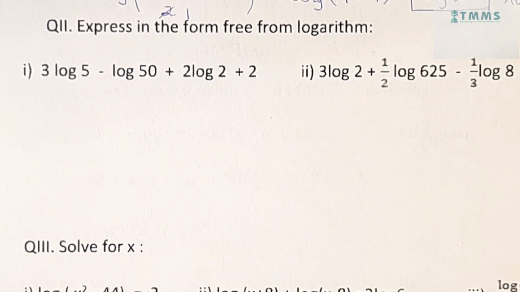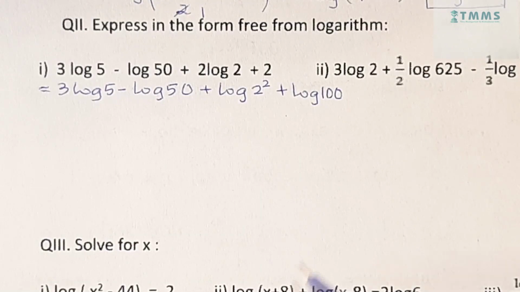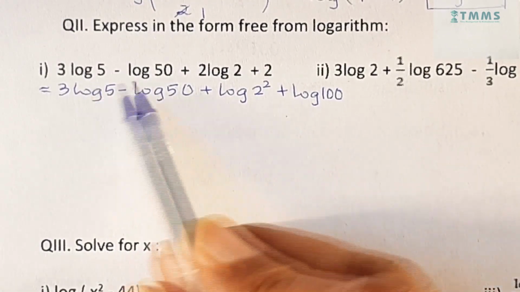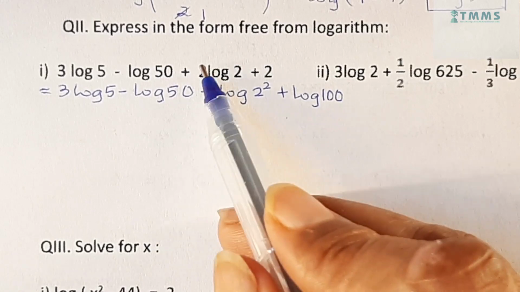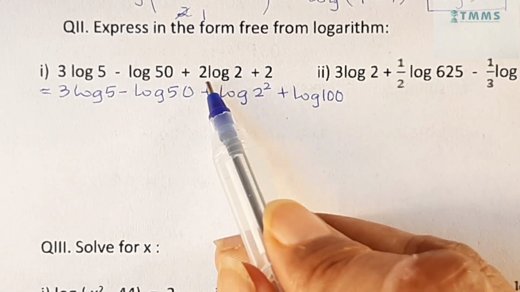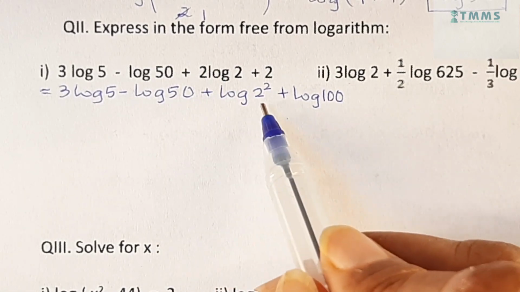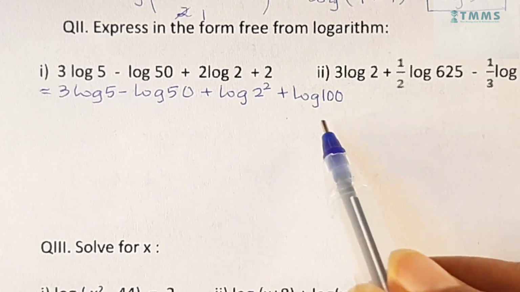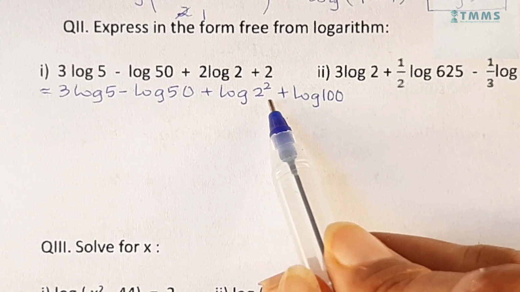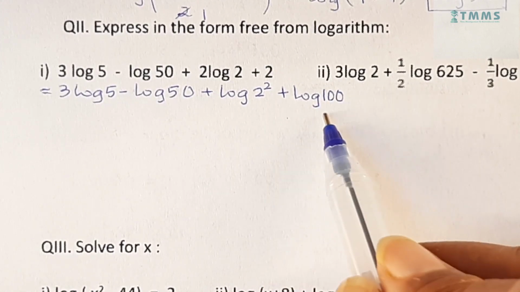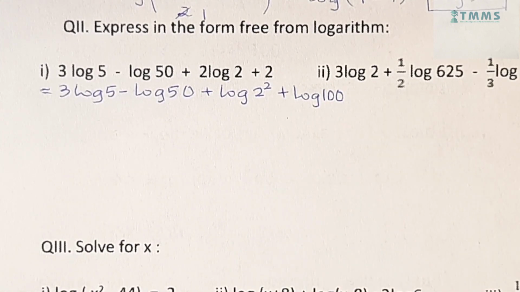So 2 becomes log of 100. So we write just that. So you saw that we wrote this as it is, and here we have used the power law, and we said 2 log 2 becomes log of 2 square, and this 2 becomes log of 100 because all of them are common logarithms. Log 100 to the base 10 is equal to 2.